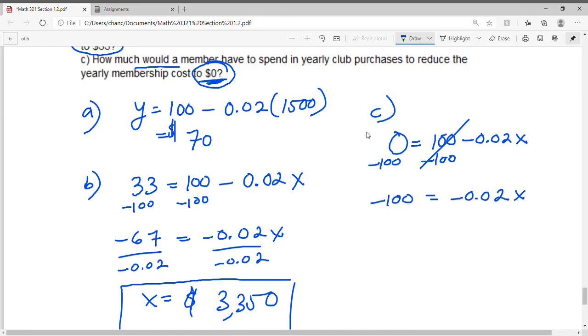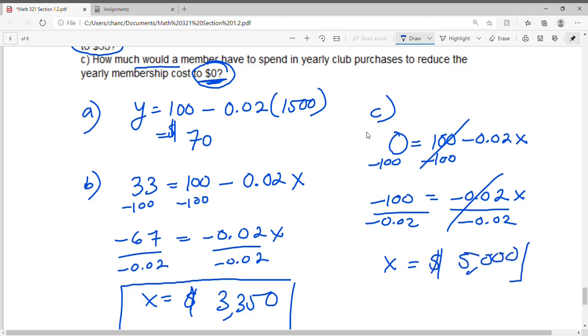Now I can divide both sides by negative 0.02. And this gives me $5,000. I have to spend $5,000 so that the yearly club membership is reduced to 0. Now we have to wonder, is that club membership worth it? We have to spend $5,000 just to break even with that membership fee.